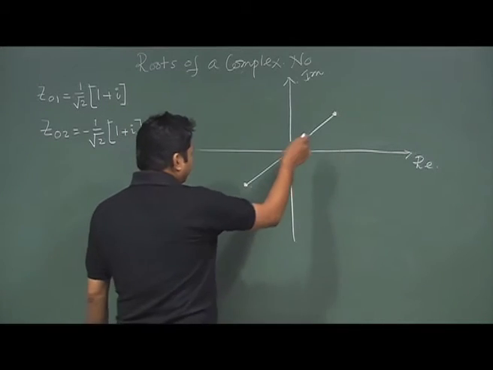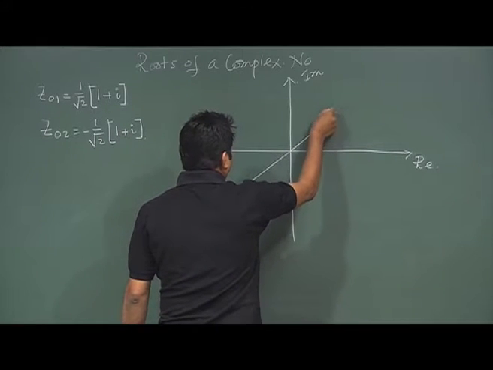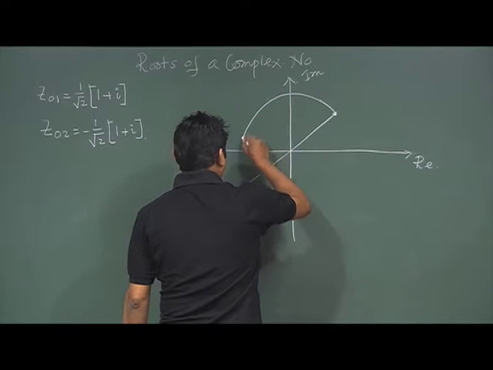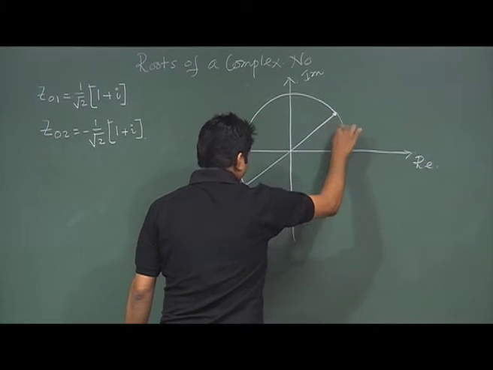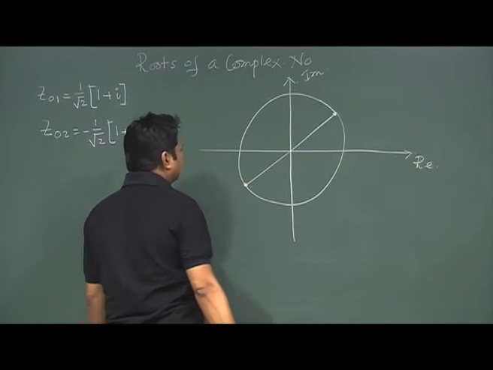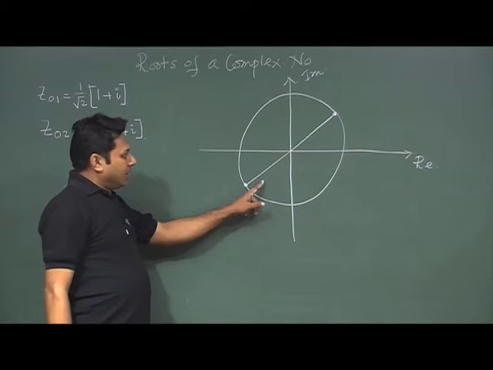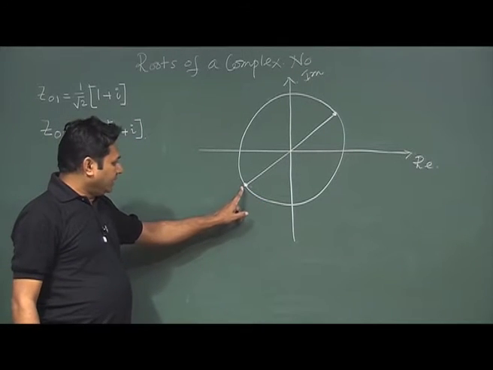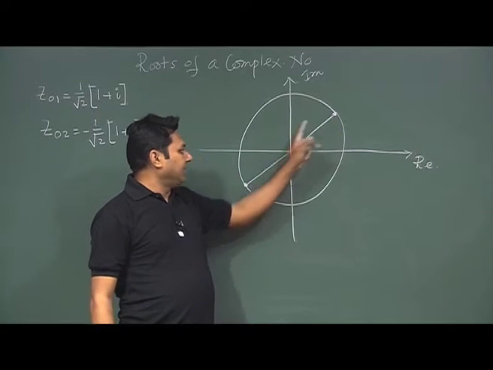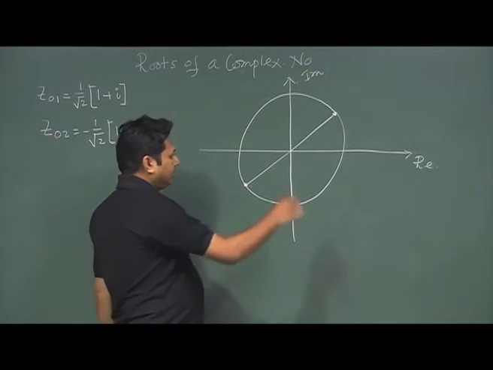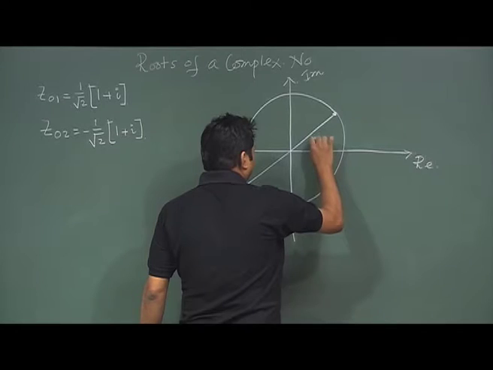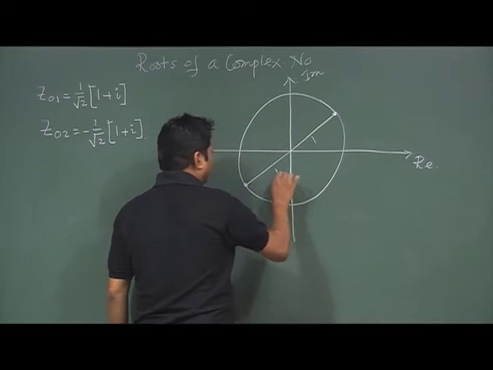Essentially, I will show that in the next example. We will show that these roots, whatever roots I am getting here, if it is 2, I am getting 2 points located here and here, but on the circle of radius 1. So this is 1, this is 1.